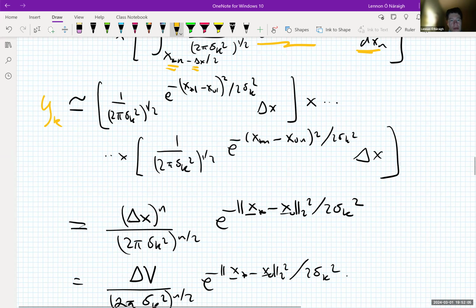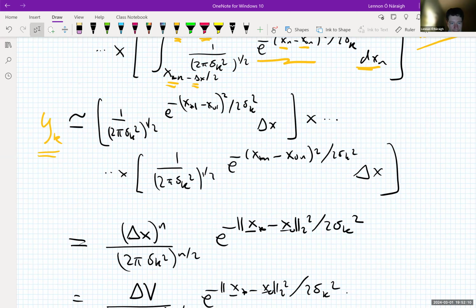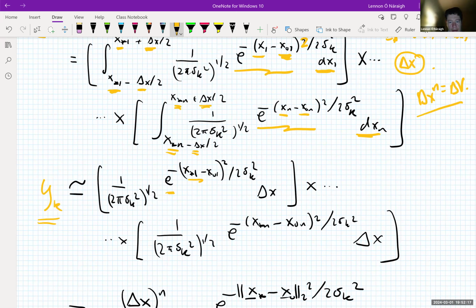So going back up and applying the trapezoidal rule to each of the integrals, I get my exponential e to the minus x star 1 minus x0,1, because here I'm evaluating at the center of the region of interest, which is x star 1. And then minus x0,1, I subtracted off, that's the mean. The distribution is centered at the mean.